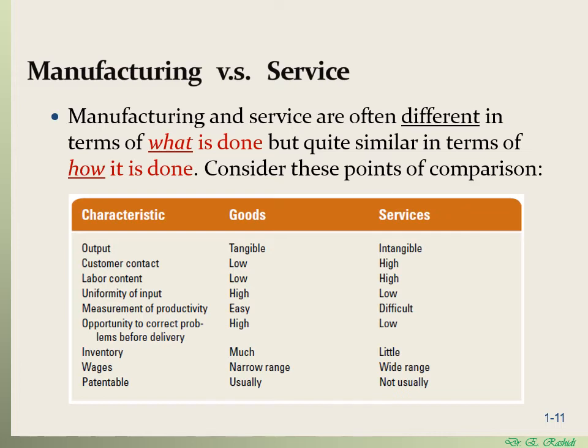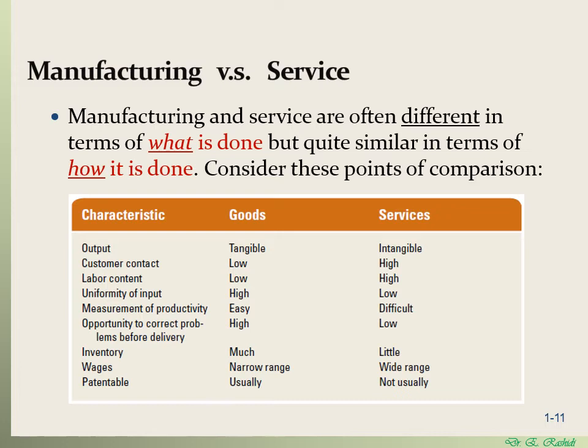For customer contact, for manufacturing, the customer contact is low. The customer does not have to go to a manufacturing facility. They can just buy the final product in a retail store, a local store, or they can purchase it online.